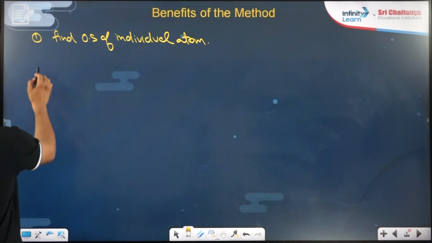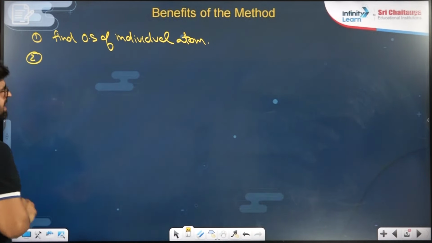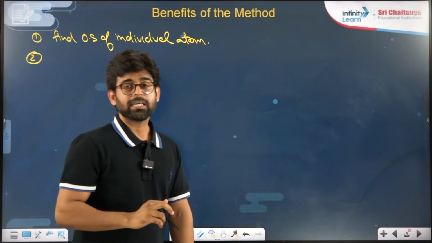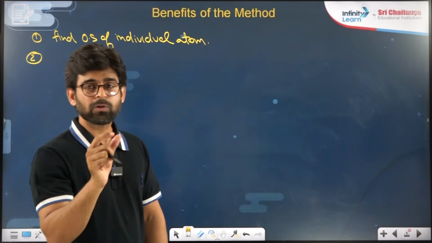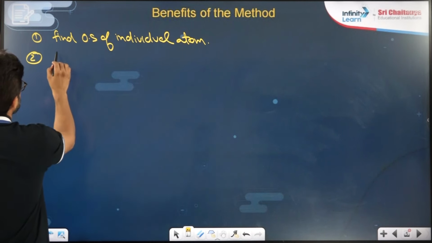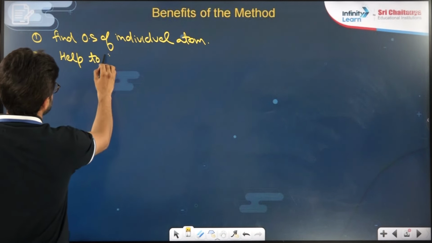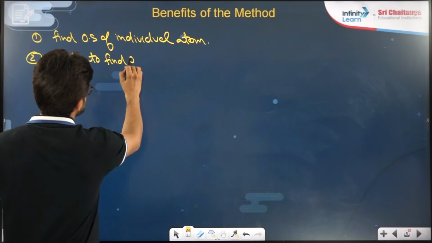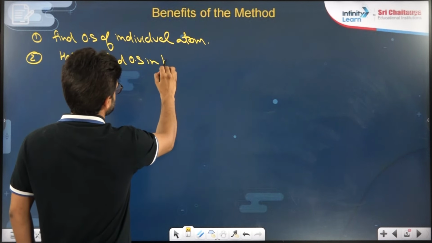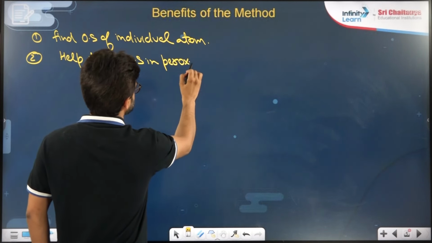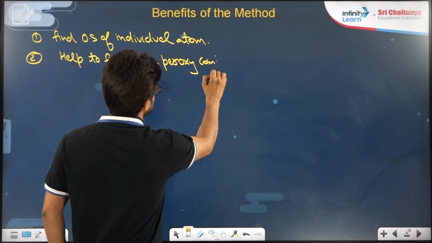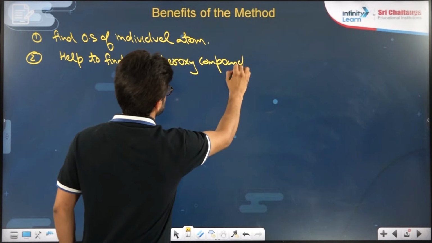The second benefit is to understand the concepts in peroxide linkage molecules. It will help us to find the oxidation state in peroxy compounds which have a peroxy linkage.